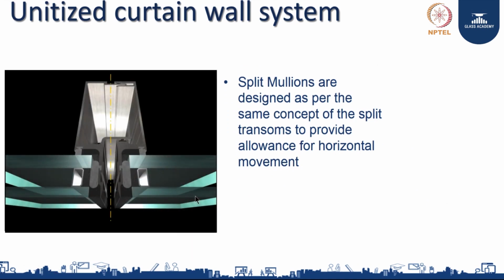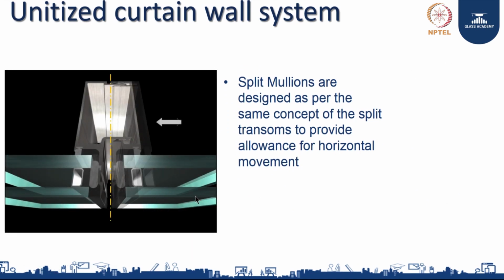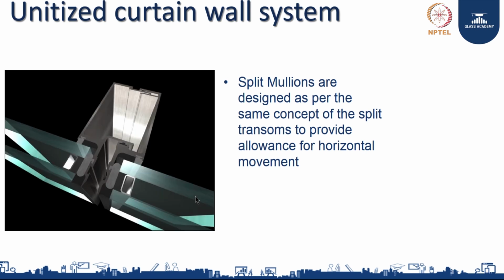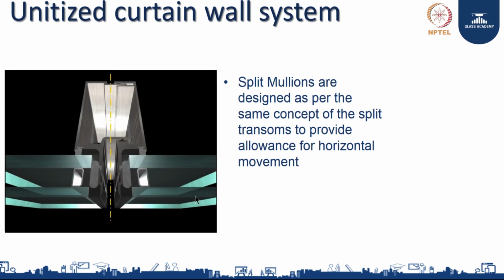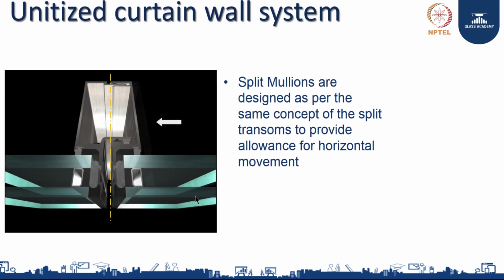Now, what we are seeing is a mullion. You do not do it only with the head. Here also you make a system which, if you see the movement, it has to move. The mullion is also split, which allows them to expand and contract horizontally as well.